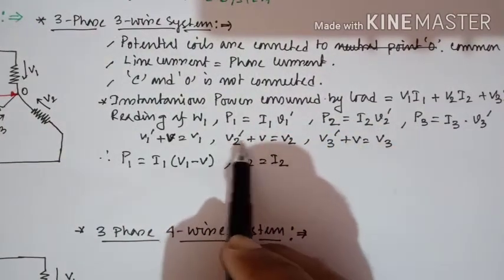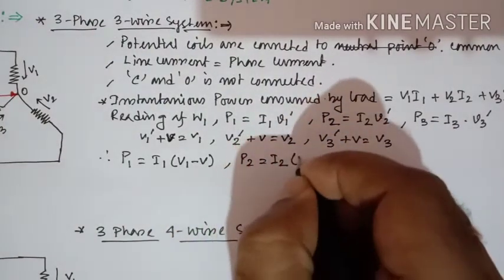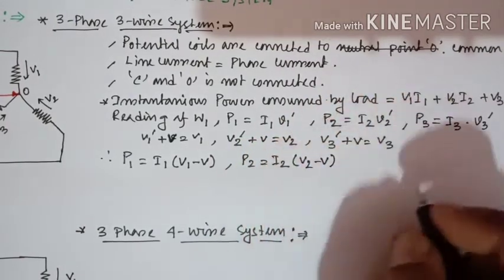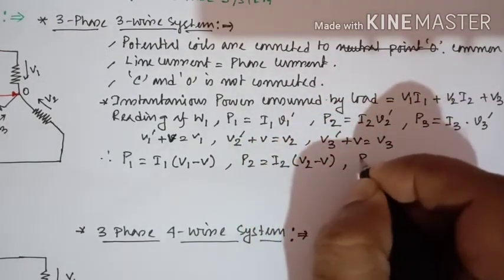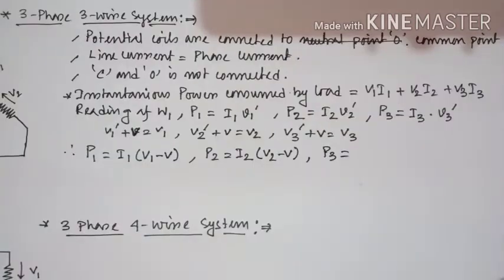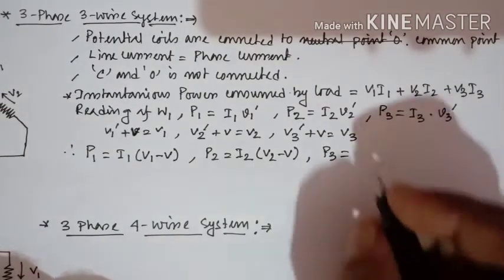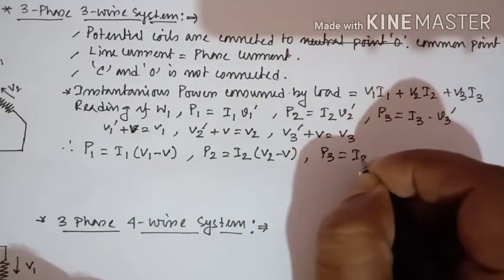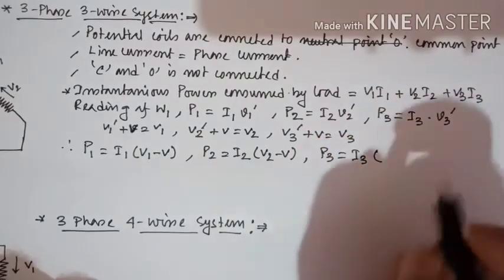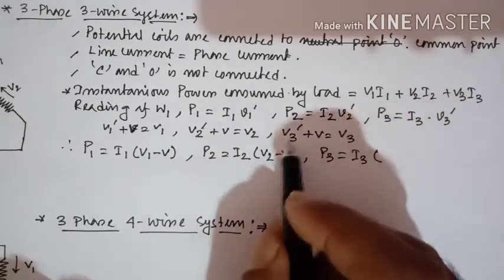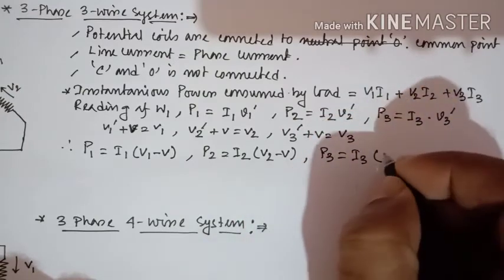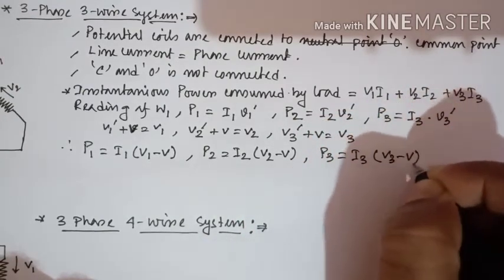V2 prime is V2 minus V. Similarly, P3, that is the reading derived from wattmeter 3, is basically I3 into V3 prime. V3 prime means V3 minus V.